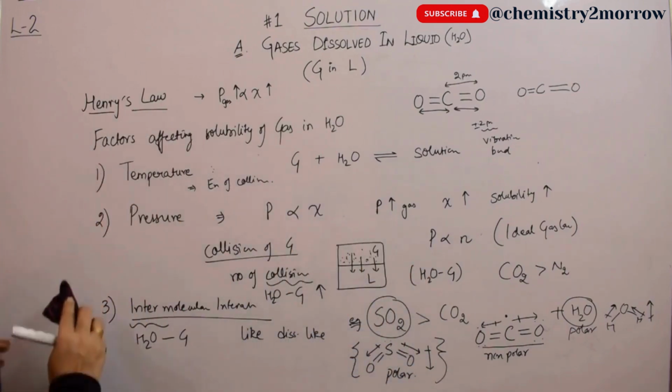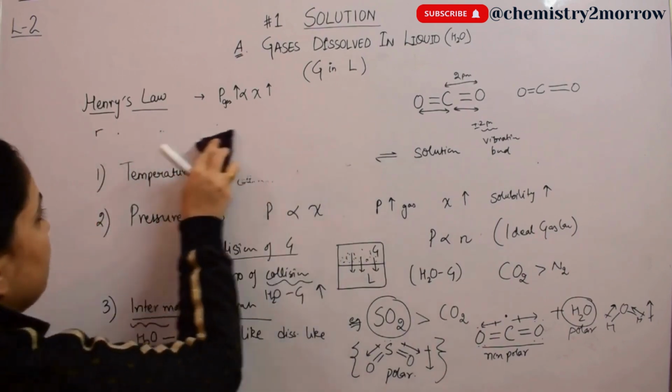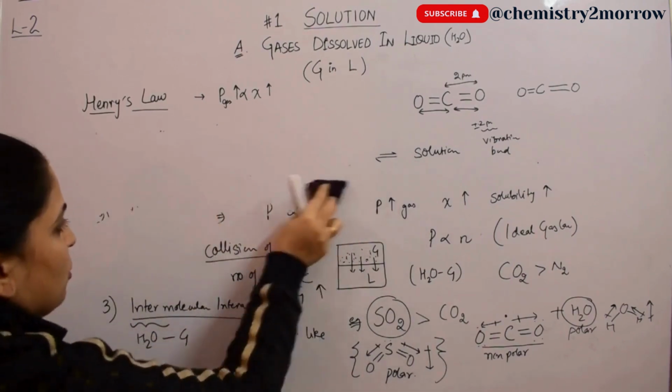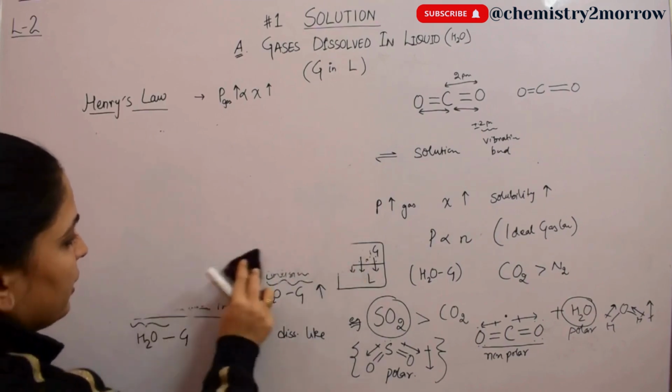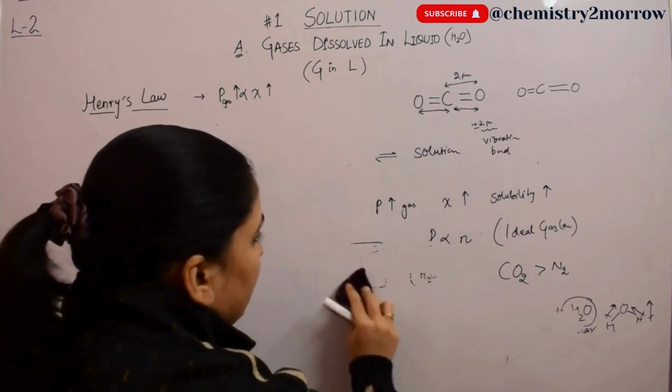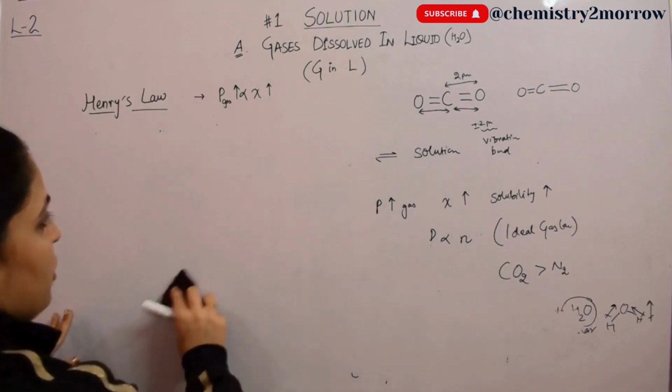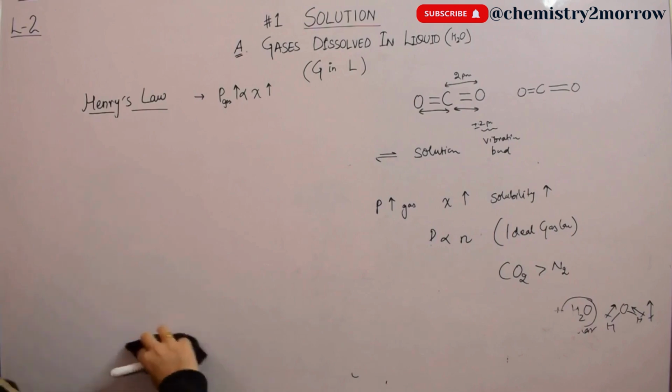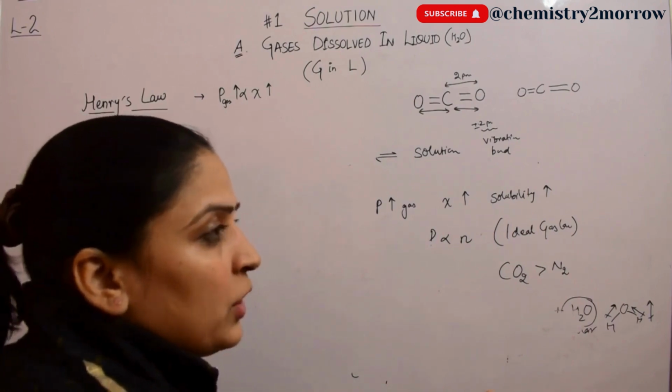There is one simple law which applies to all gaseous mixtures. It is not related to solubility, but it is related to gaseous mixtures, and that is Dalton's law of partial pressure. That will come in handy when you are dealing with ternary mixtures.